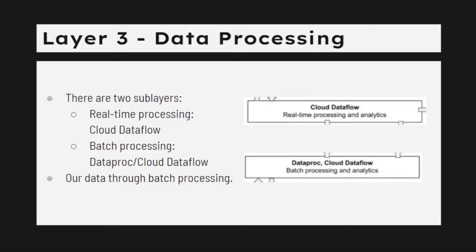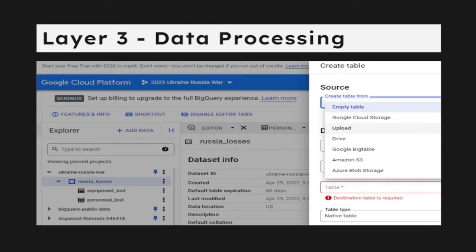For our data processing layer, or layer 3, there are again two sublayers for data processing, one being for batch processing and the other being for real-time processing. Because we used BigQuery to send our CSV files to the warehouse, our files went through the batch processing sublayer.